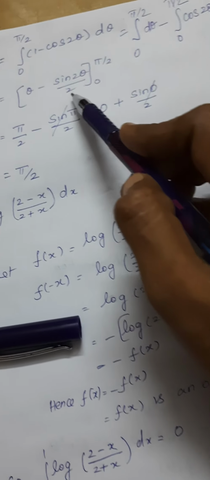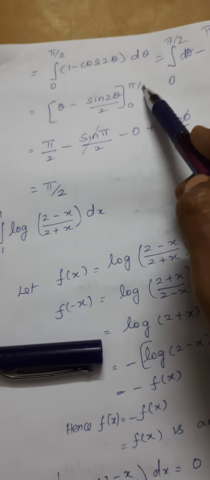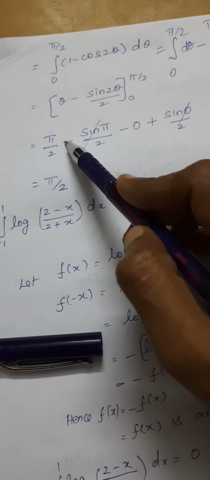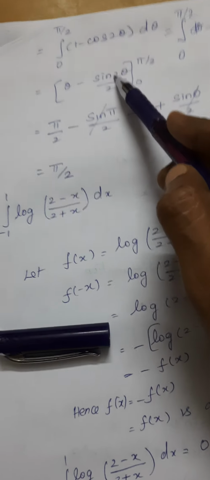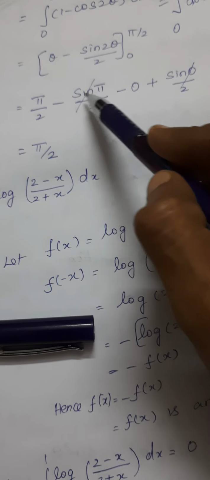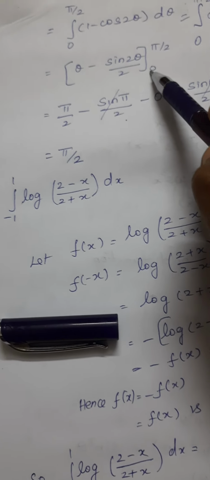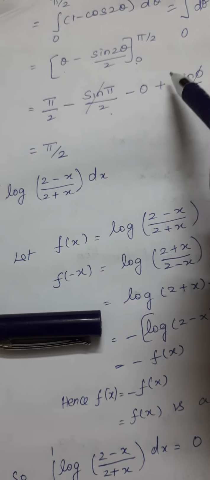For this, 2 theta by 2, from 0 to pi by 2. So upper limit: pi by 2 minus sin 2 times pi by 2, all over 2. The 2 and 2 will get cancelled. So sin pi by 2 minus, apply the lower limit 0.